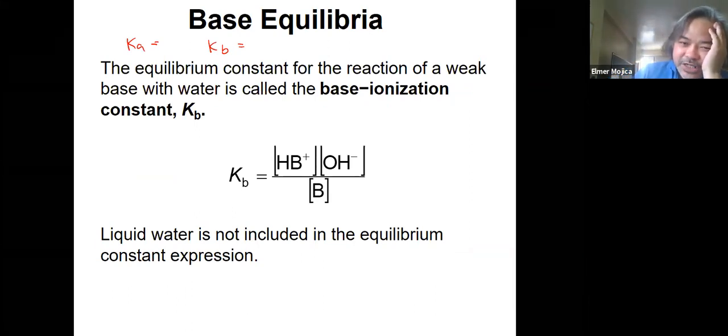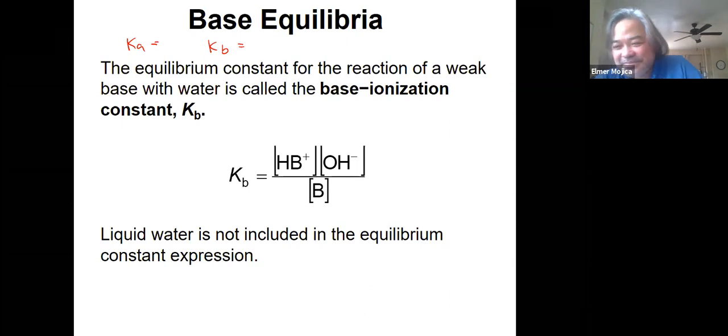So how do you know if you have an acid there or a base? Obviously the A from the Ka came from acid and the B in the Kb came from base. But how do you know you have a Ka or a Kb?